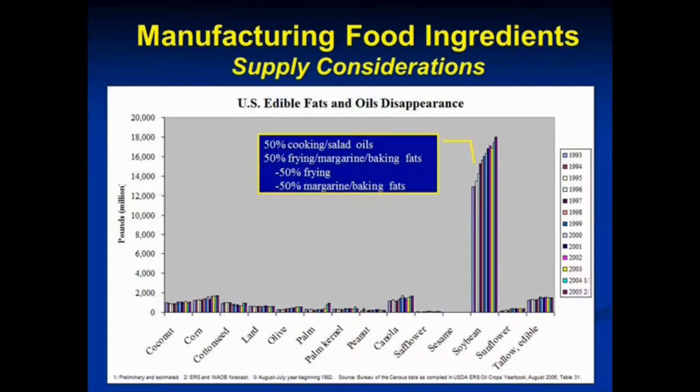Of that 50%, about half, so about a quarter of the total, goes to frying purposes, and about 25% of the total is used for margarine and baking applications. You can also see that over the years, from 1993 up to 2005, there's been a steady increase in the amount of soybean oil disappearing from the U.S. marketplace.